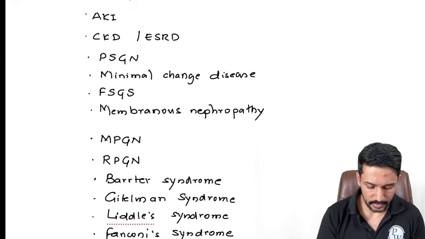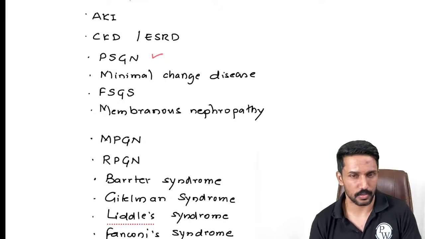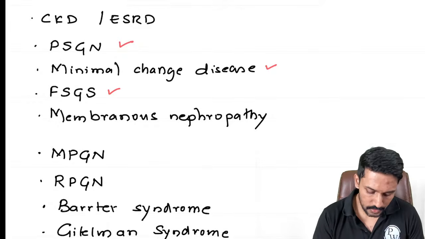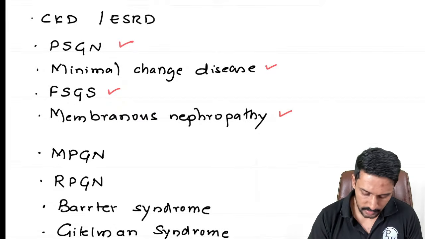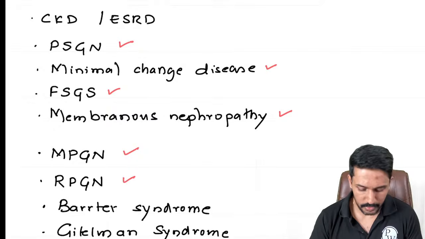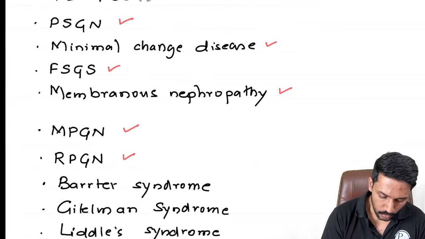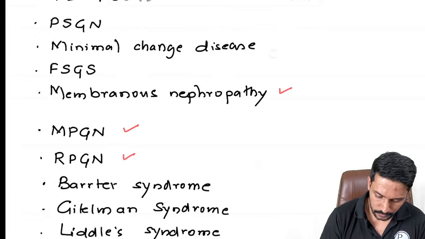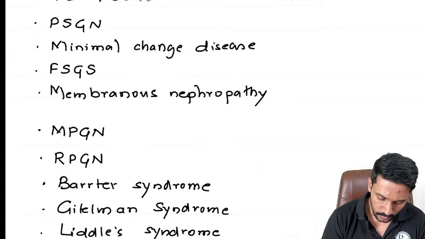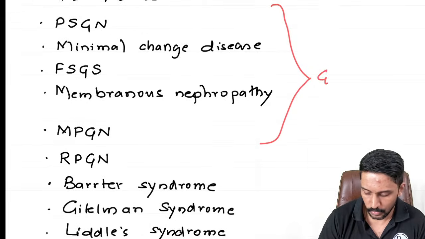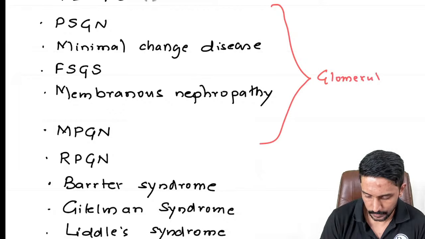Post-streptococcal glomerulonephritis, this is a glomerular disorder. Minimal change disease is also a glomerular disorder. FSGS is also a glomerular disorder. Membranous nephropathy, MPGN, RPGN, these are all glomerular disorders. So from PSGN to RPGN that I have listed here, these are glomerular disorders.